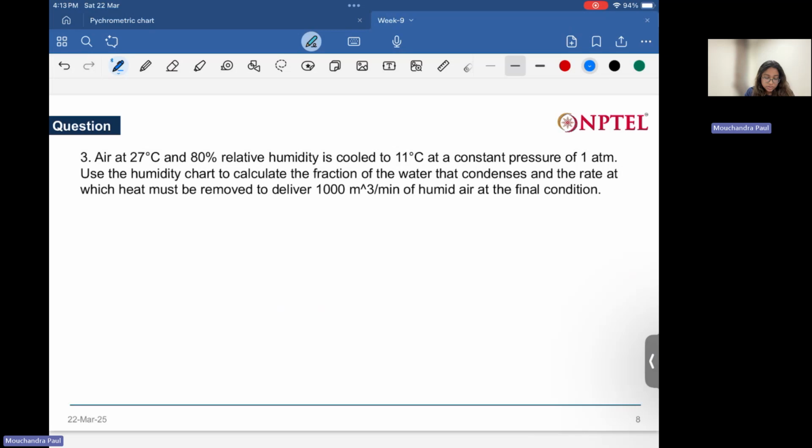So use the humidity chart to calculate the fraction of water that condenses, right? We have to calculate the fraction of water that condenses and the rate at which the heat must be removed, Q dot, to deliver 1000 meter cube of humid air at the final conditions.